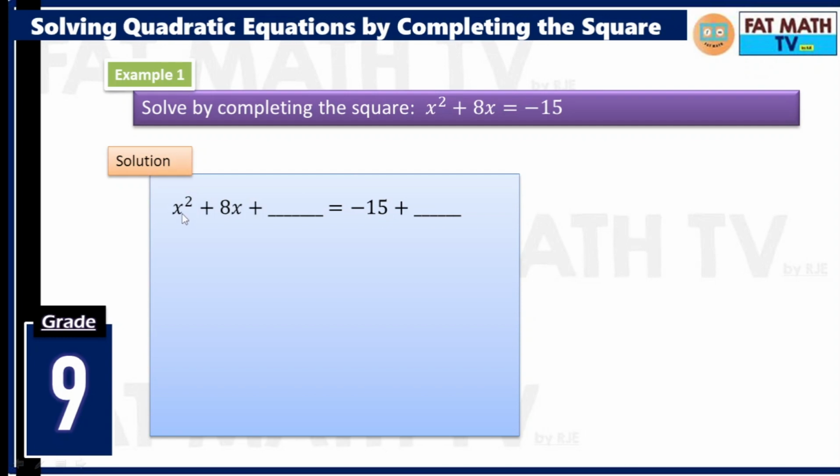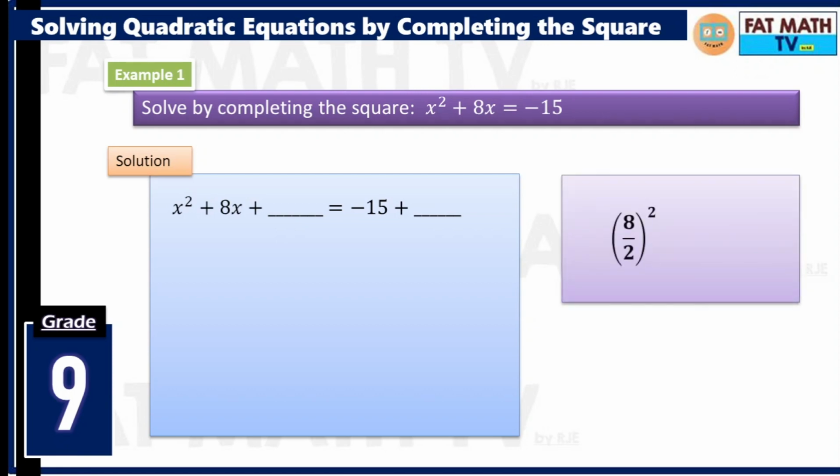So what makes this x squared plus 8x a perfect square trinomial? What are you going to choose for the constant term? You have to take half of the middle term. This one is going to be the middle term. Half of 8, and then you square it.